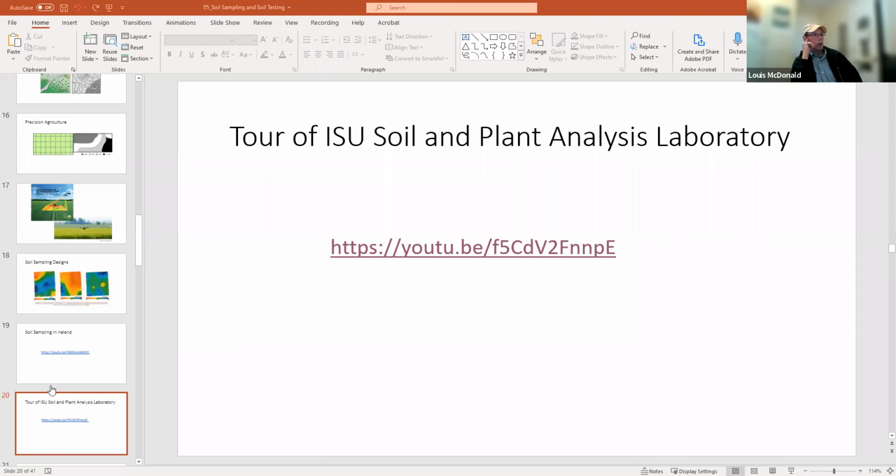So for the most part, you don't have any control over what soil extractants are used by the lab. That's all been chosen for you. And at university labs, those were decided many, many years ago based on the common soils in that state.